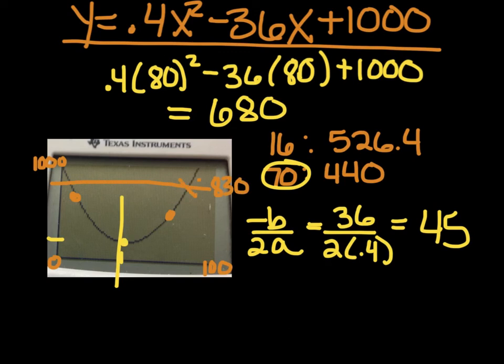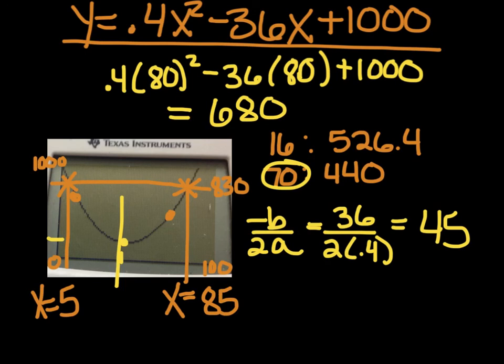Then you can figure this out by doing second calc intersect. So graph y equals 830, and then just find where it crosses, and you're going to get two x values. One of them is x equals 5, and the other one is x equals 85. So 5-year-olds and 85-year-olds would have that many accidents.